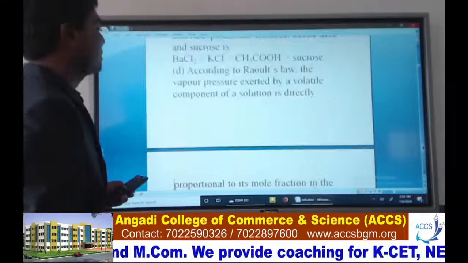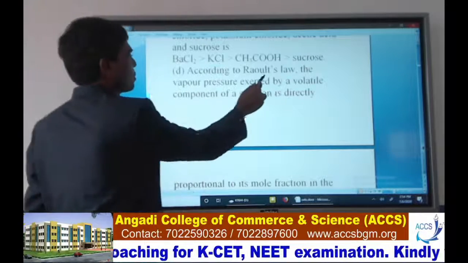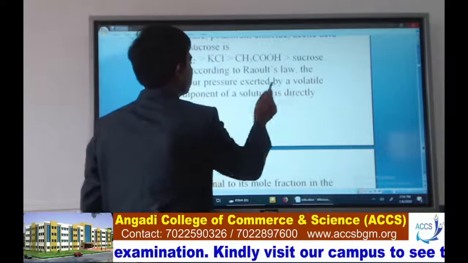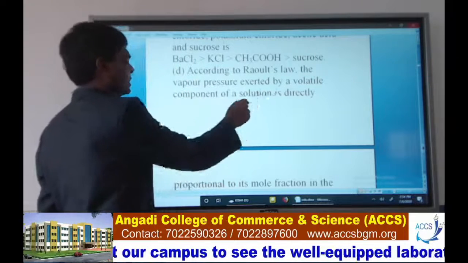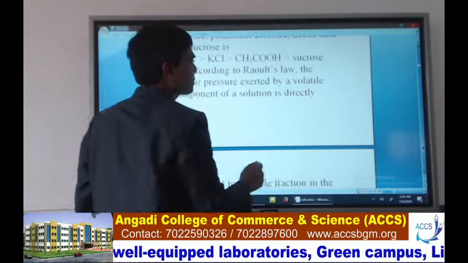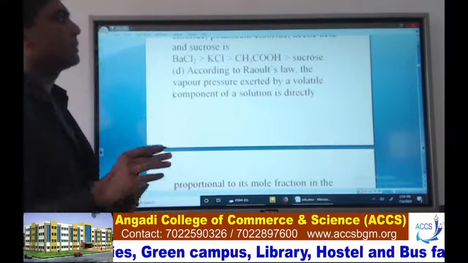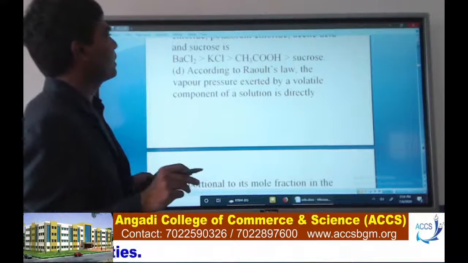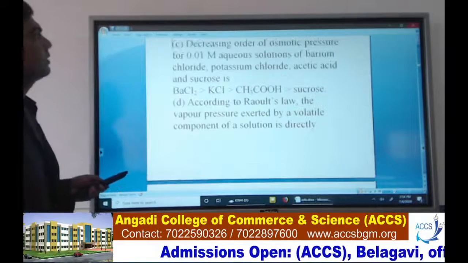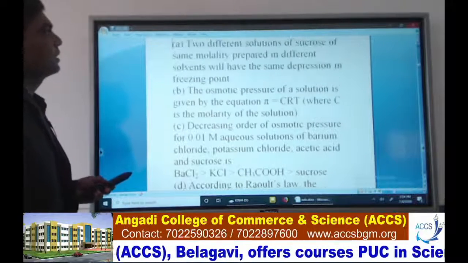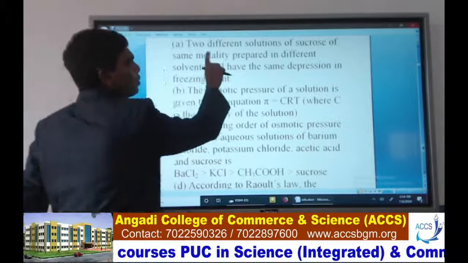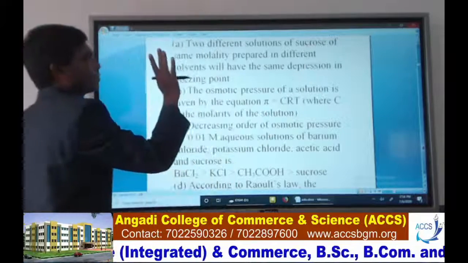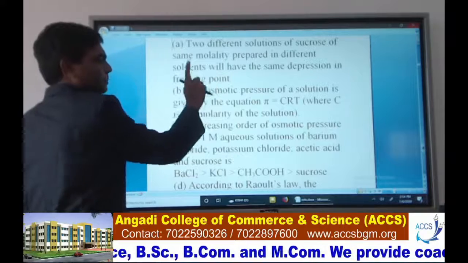And the next option is, according to Raoult's law, the vapor pressure exerted by a volatile component of a solution is directly proportional to its mole fraction. So all the statements are lengthy. Again I will repeat from the first and make them simple lines, then you can understand. What is the first option here? He told two different solutions of sucrose, same molarity.